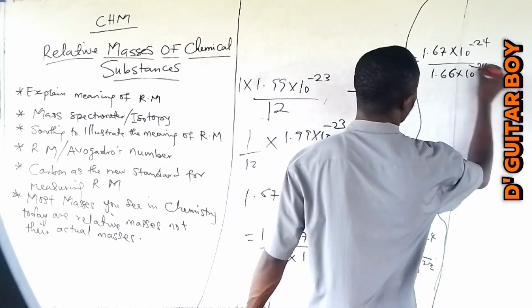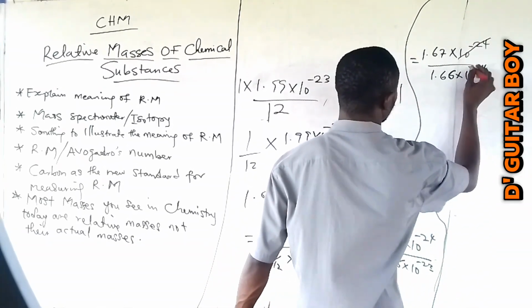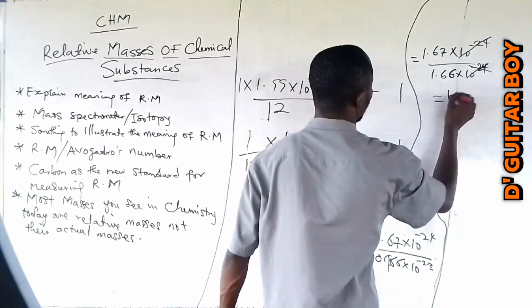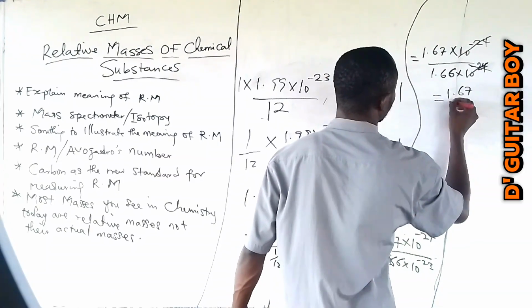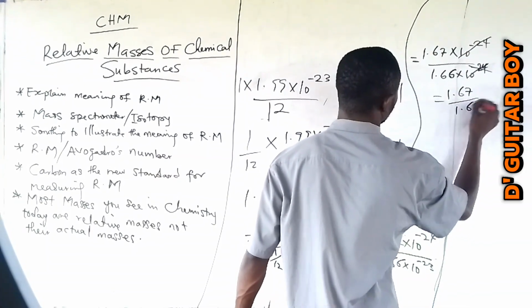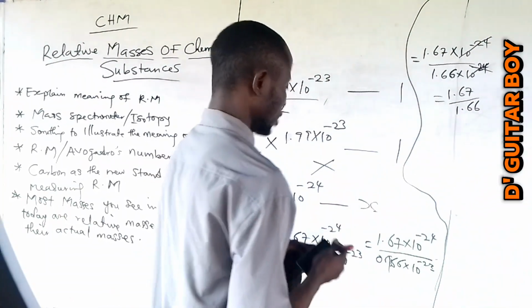So this one will cancel this one, and everything here will cancel out. You now have 1.67 divided by 1.66.